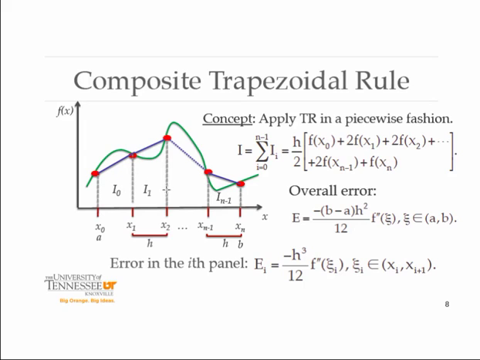We'll break the problem up into a mesh from x0 to xn, where x0 is a and xn is b, and we'll have several subintervals. Keep in mind that the distance between all your abscissas is the same. It will always be h. Remember in that table, this is a Newton-Cotes rule, so all the abscissas are equally spaced.